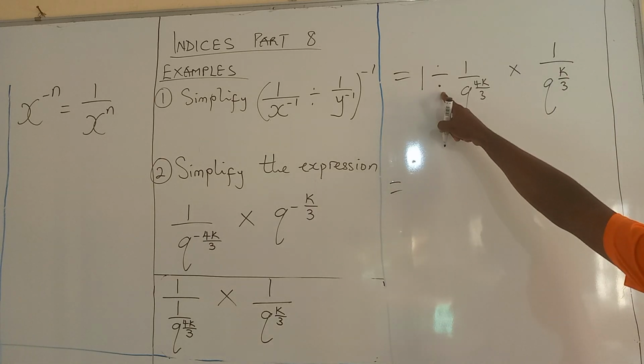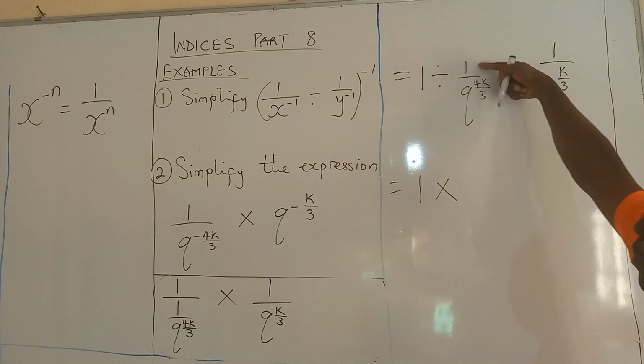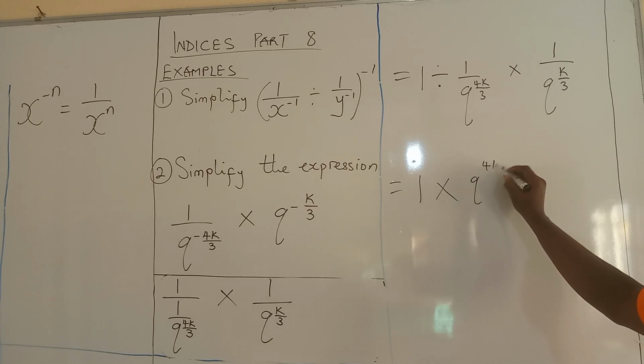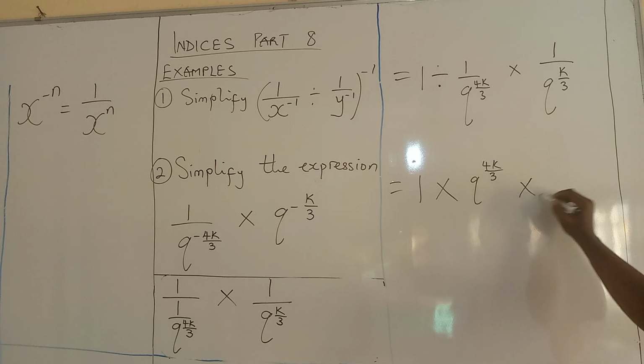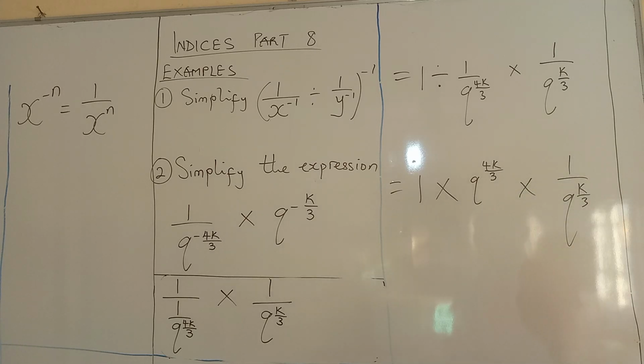And when you change this to multiplication, you have 1 times, this will go up and 1 will come down. So you have q raised to power 4k over 3 times 1 all over q raised to power k over 3. And this becomes q raised to power 4k over 3 divided by q raised to power k over 3.